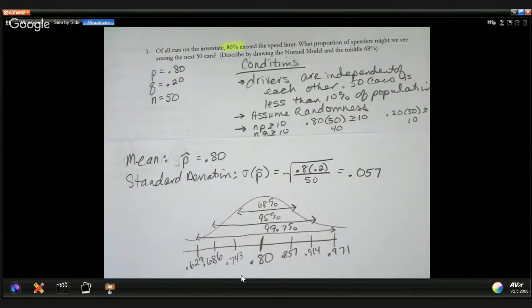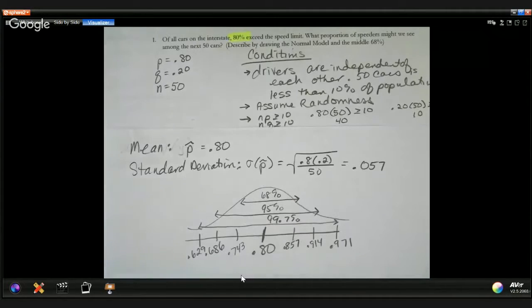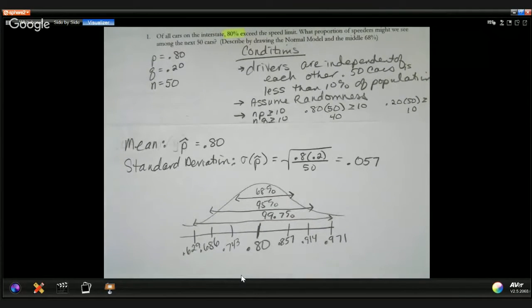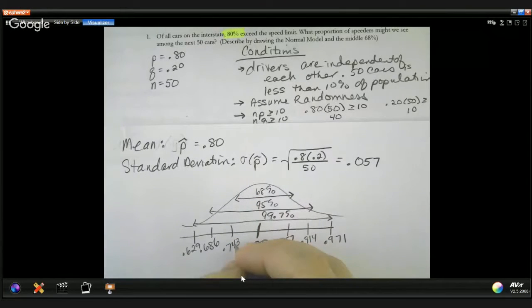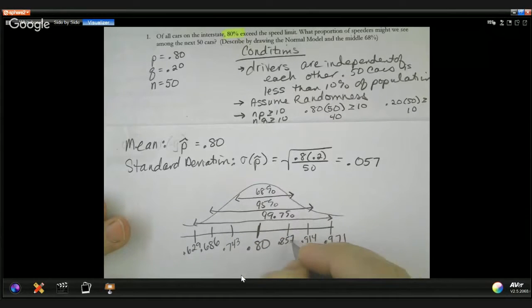Now, what's confusing about this is because I have a percent and then I also have another percent. What this is saying is that 68% of the time, when I have 50 cars, that's my size, I will have between 74% and 85% of cars speeding.